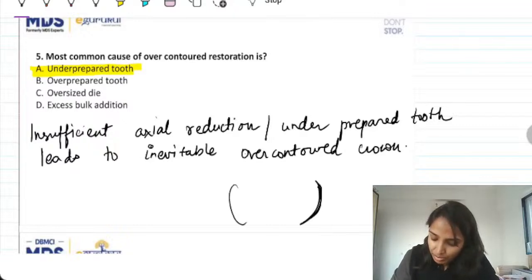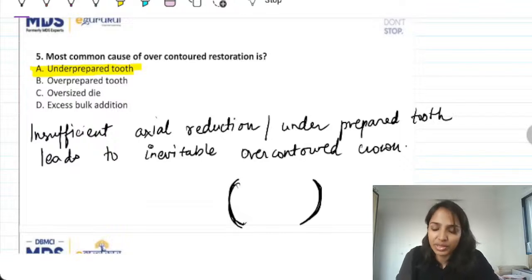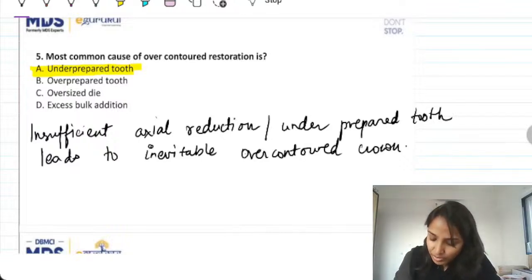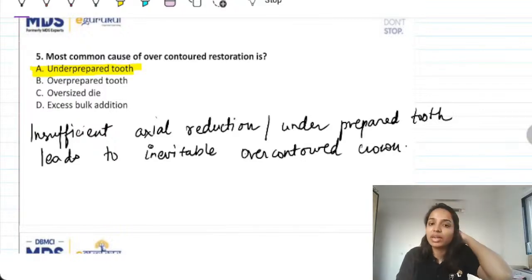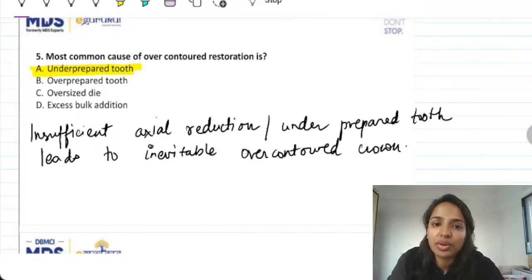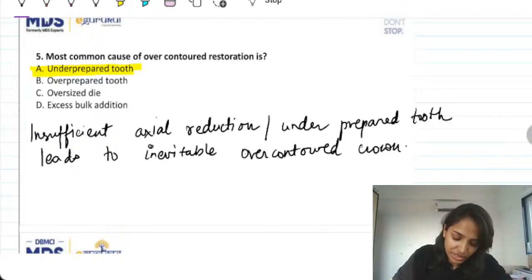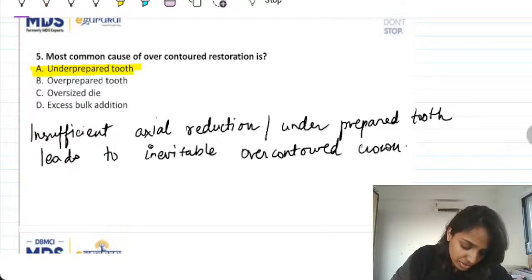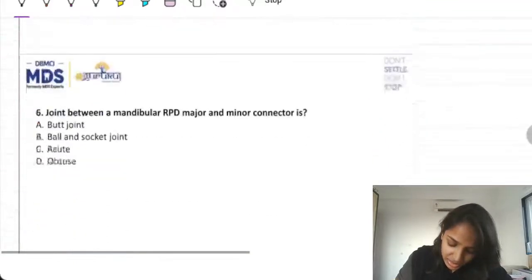So this bulk or contour of the crown is more when you have an underprepared tooth. Excess bulk addition or an oversized die will lead to a larger size of a crown rather than just an over contoured crown. Besides, it has been specifically mentioned in your textbook that an underprepared tooth is the reason for an over contoured crown. So that is the answer.